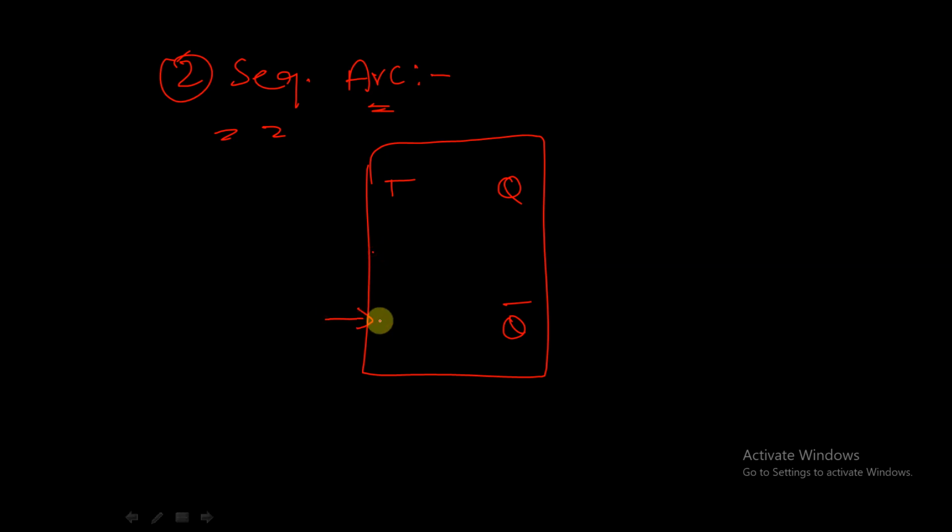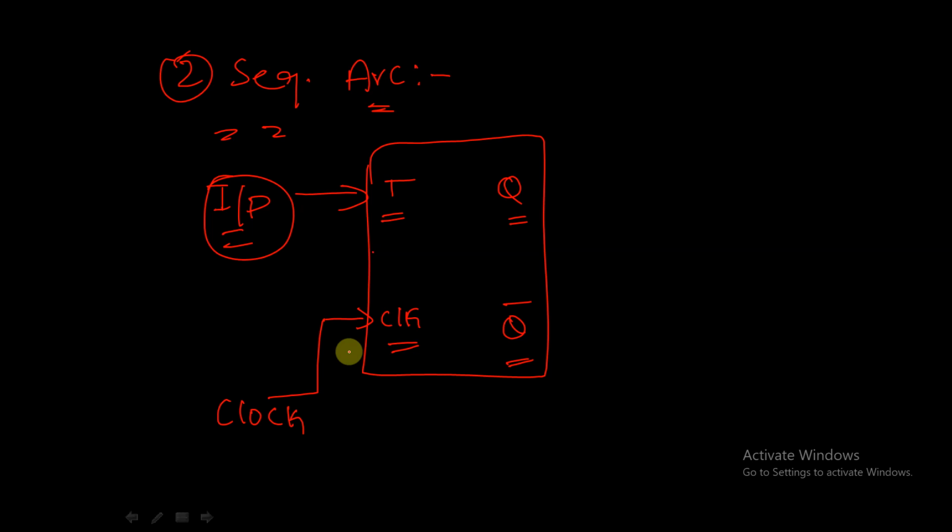It may be any type of clock, positive edge or negative edge. This is my input, and these are my outputs. The sequential arc is the path traveled by our signal from the clock pin to the input pin. Wait a minute.